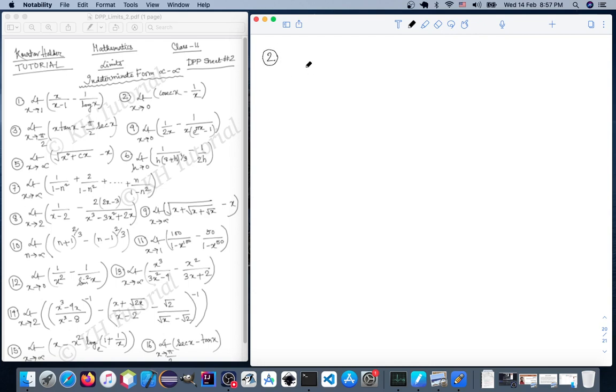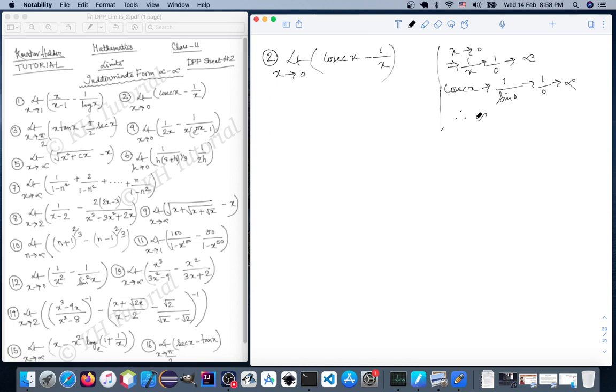The next question says limit x tends to 0 of cosec x minus 1 by x. So clearly we see that when x tends to 0, 1 by x tends to 1 by 0, which tends to infinity, and cosec x tends to 1 by sin 0, which tends to 1 by 0, which tends to infinity.